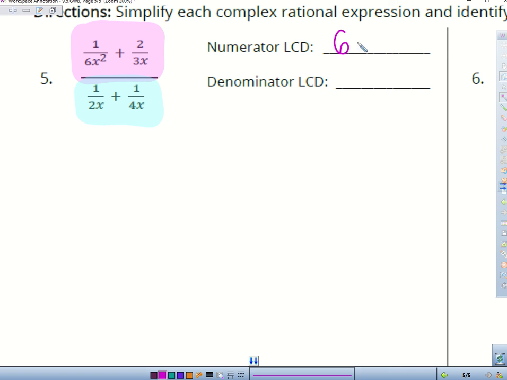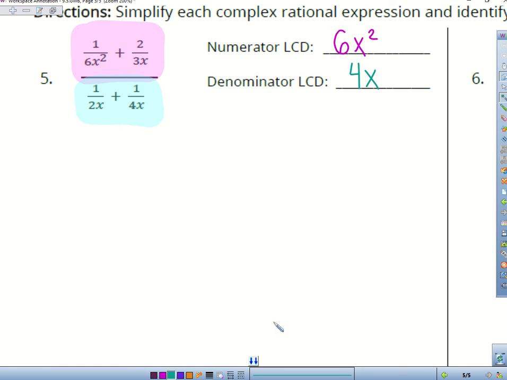To find the letter or variable portion, you want to take the higher exponent of that variable, which would be x squared. Now in the blue, what is the numerical portion? 4. And the variable is just x. Very good.